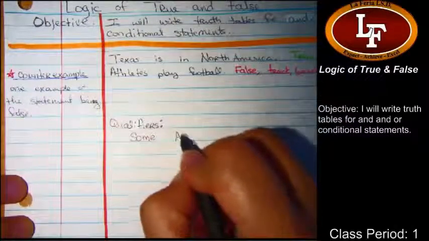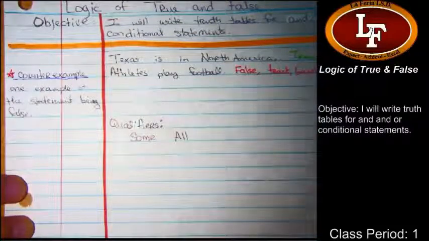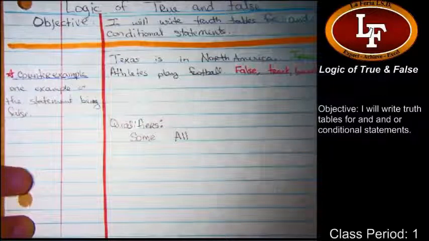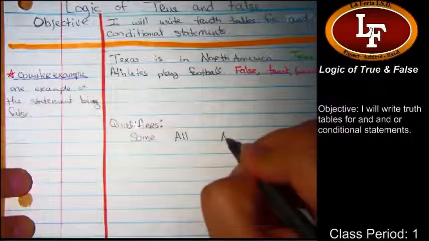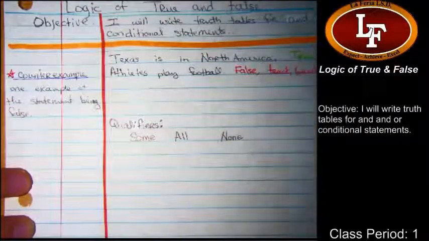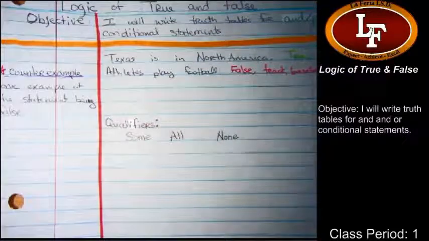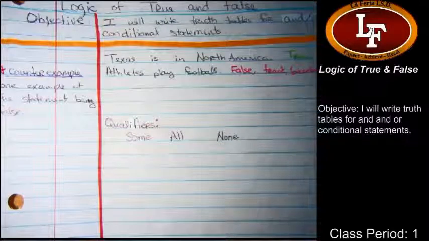All is another qualifier. All athletes play football. Totally not true. Because at one point I was an athlete and I did not play football. None is another common qualifier that you see. No athletes, none of the athletes play football.